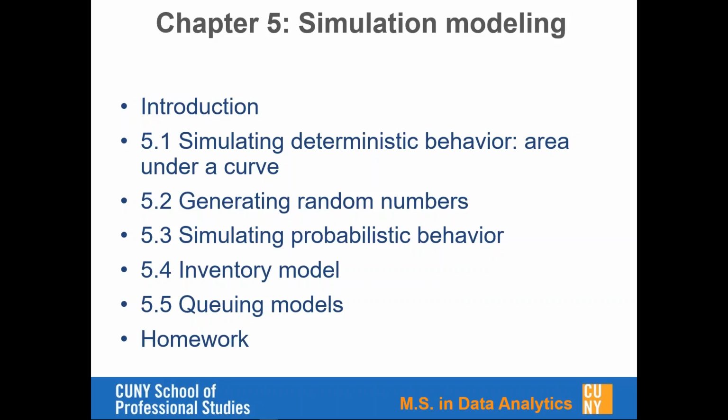So the first section was trying to introduce how to simulate deterministic behavior, for example, area under a curve. In one of the homework, we're trying to estimate the value of pi based on simulation, the pi that you use to calculate the area of a circle.